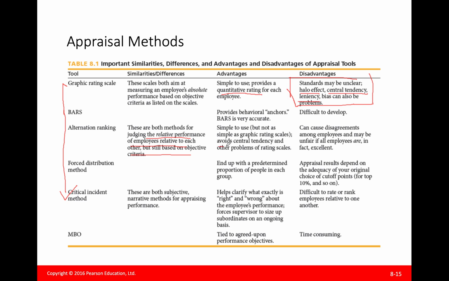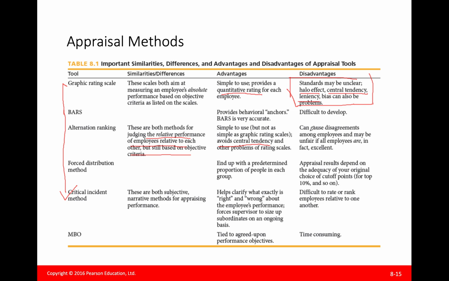It can avoid central tendency, because we have to give each person one position, so no two people are in the same position. But it can cause disagreements among employees and may be unfair. What if all of the employees are excellent? We have to rank them from 1 to 10, but they are all excellent. So it doesn't work in this method.